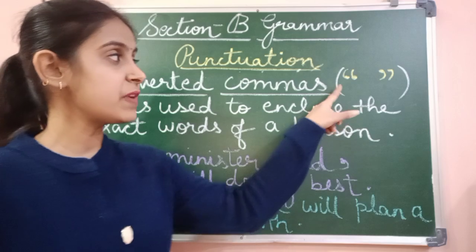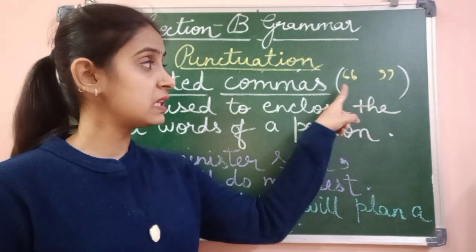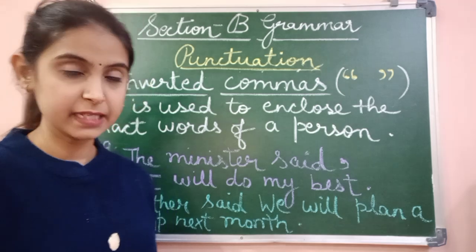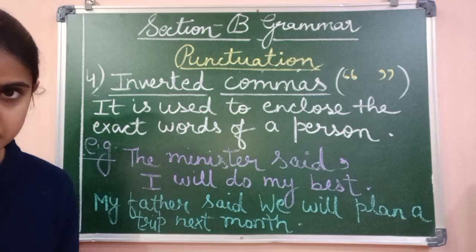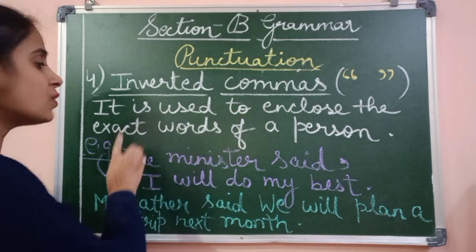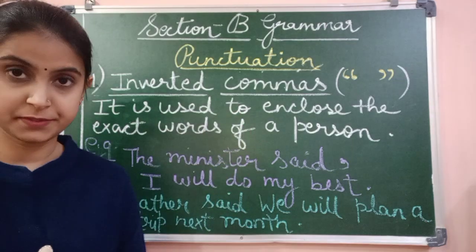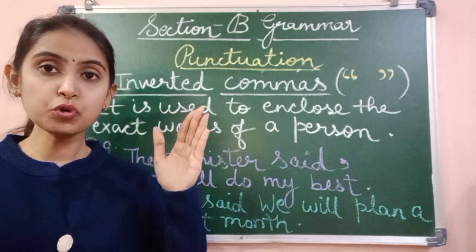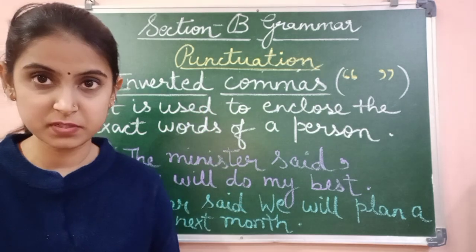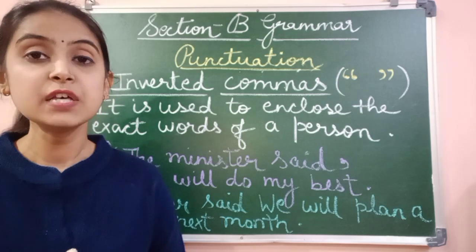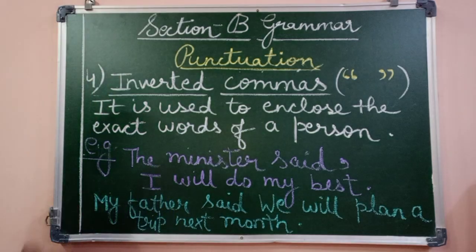The next mark of punctuation in the row we have is inverted commas. Children, the sign of inverted commas is like this: 2 times 6 and then 2 times 9. Now what is the use of inverted commas? We use inverted commas to enclose the exact words of a person. Now suppose somebody has said something and we have to quote the words of the speaker, then we put the actual words spoken by the speaker in inverted commas.